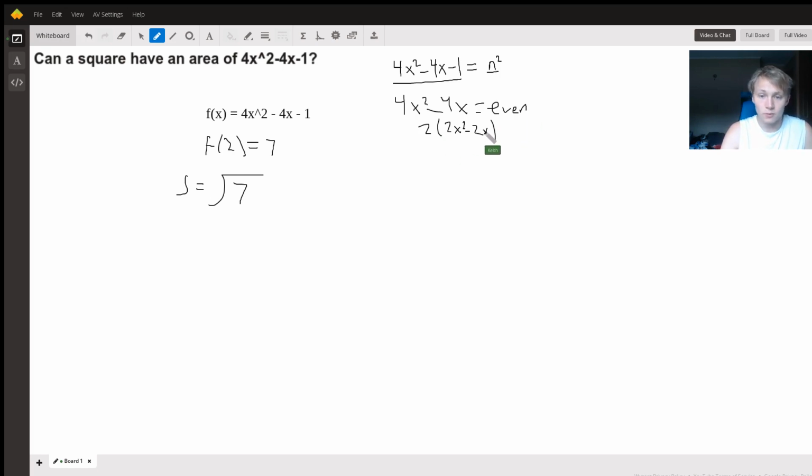And then if you subtract 1 from that, you get an even number minus 1, which is odd, which means that n can't be even, because n squared must be odd.